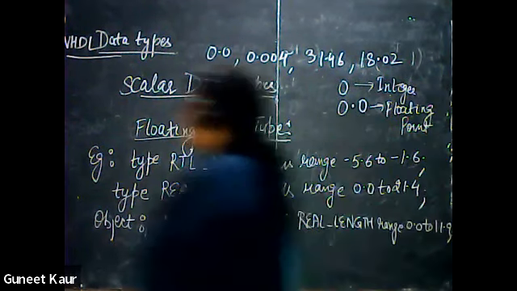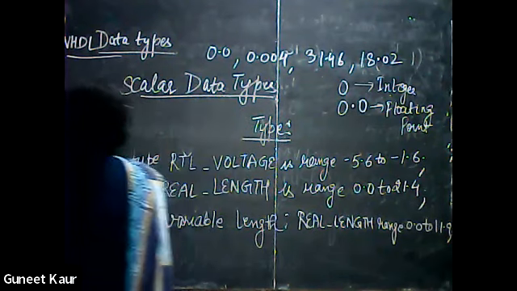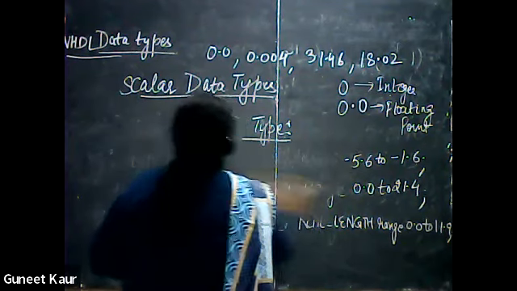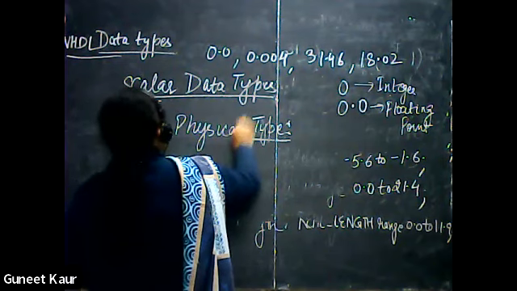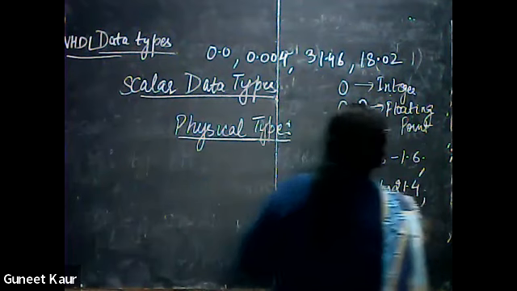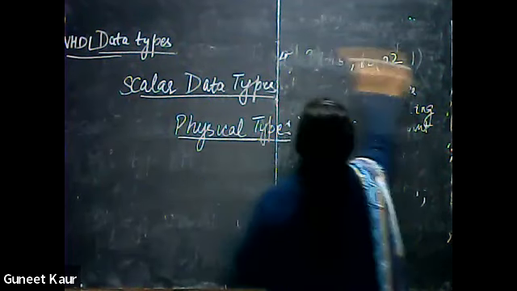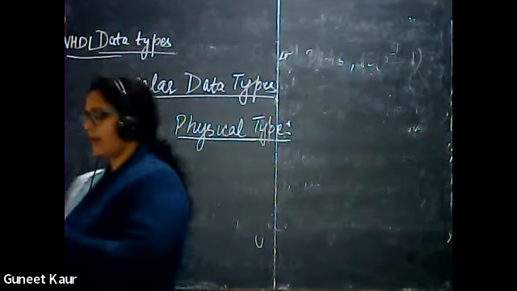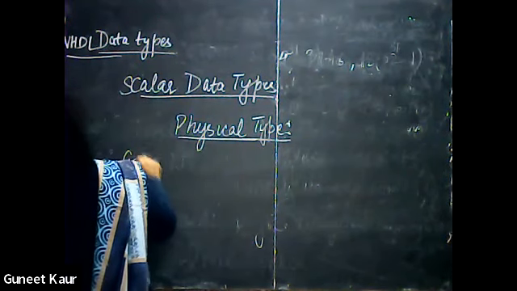Now come on to the next one, that is the physical data type. In the case of the physical data type, I will explain it again with the help of an example. Firstly, I will write this example.